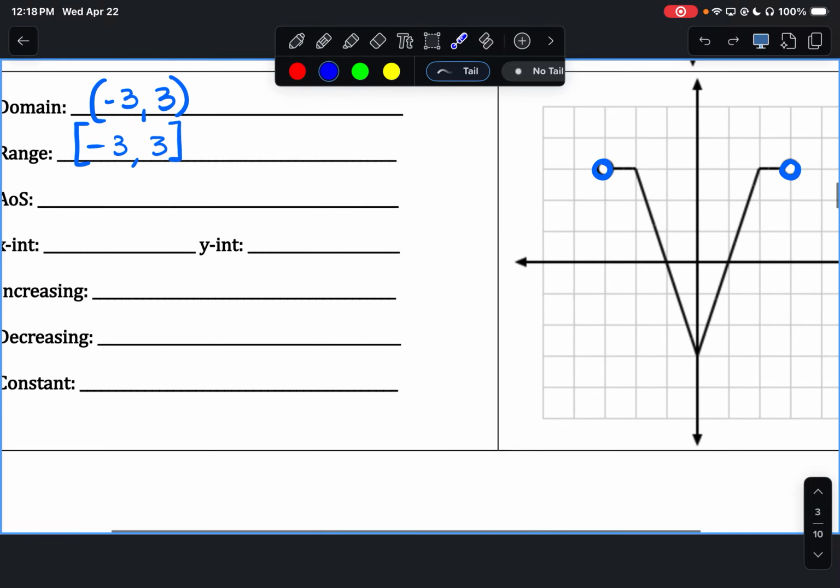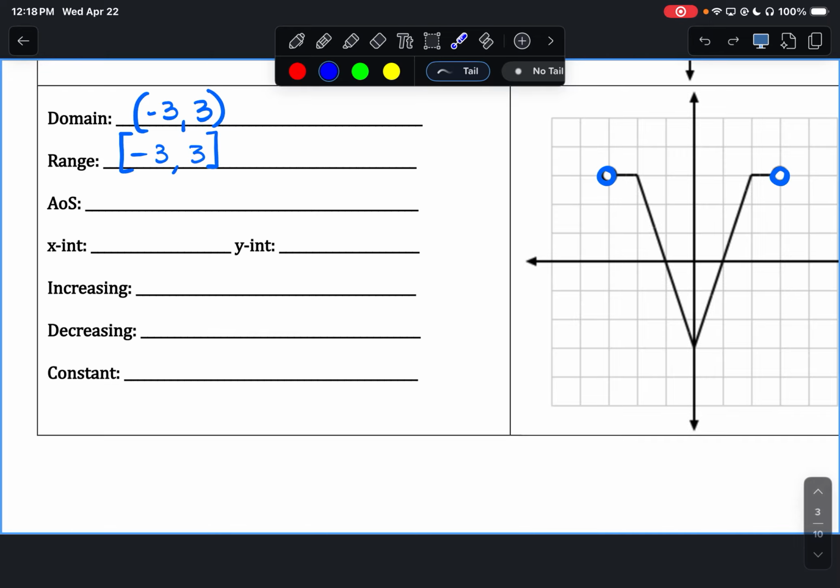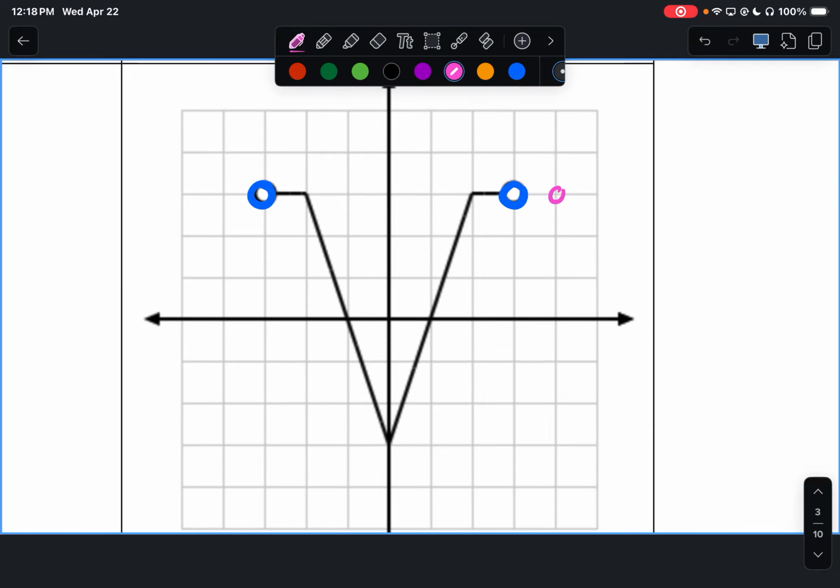All right. So is that graph symmetric? Yes. Where would you need to cut it in half at? 0. So our axis of symmetry is at x equals 0. I do want to talk about one other thing with the range here. If this graph would have looked like this instead, is there anywhere that y does equal 3?